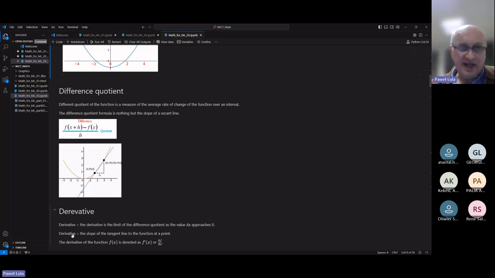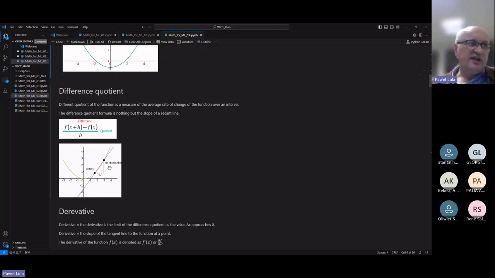This line, which crosses the graphical representation of this function, is called a secant. It is a secant line. And we want to calculate the measure of this angle which we have between the secant line and the x-axis.